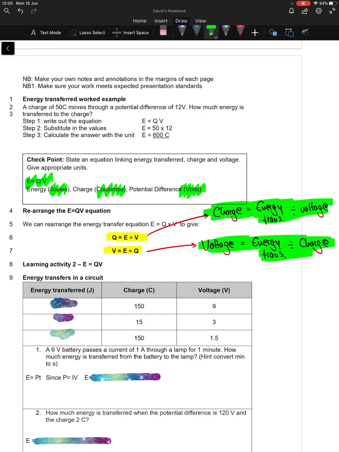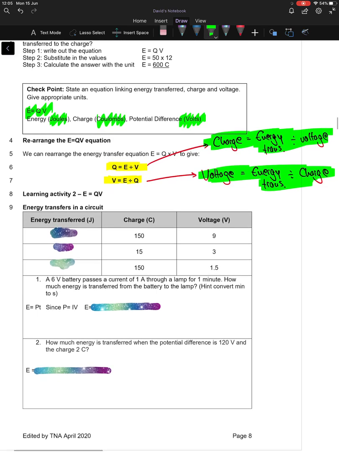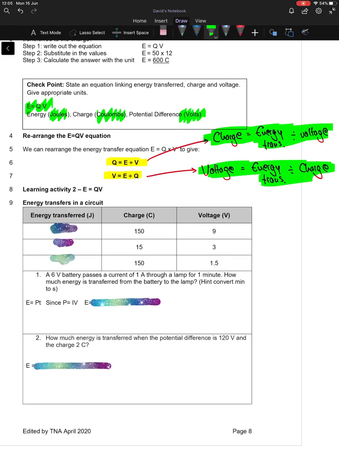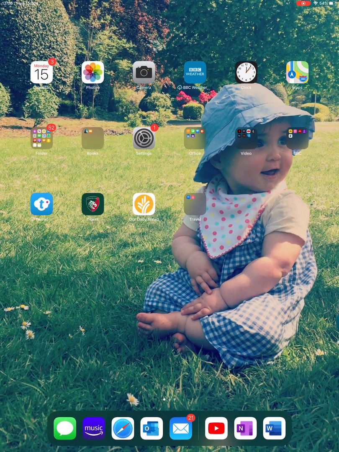Charge equals energy transferred divided by voltage, and voltage equals energy transferred divided by charge. So, if we've got our equation here, remember, E also equals Q times V. So, this is our E, this is our Q, and this is our V.